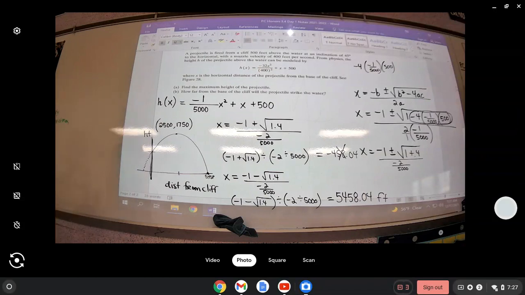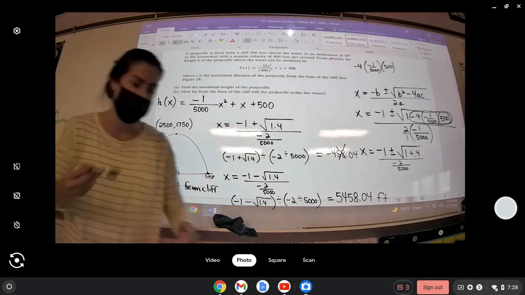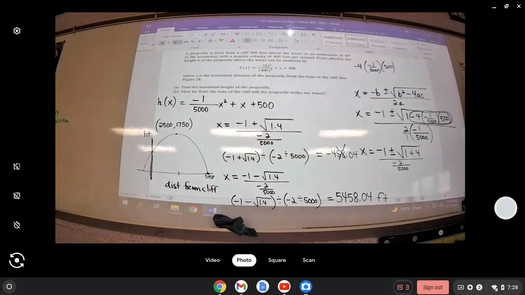Now, I want everybody to practice on the graphing calculator. I want you to type this function in, and I want you to ask your calculator to calculate the 0. Have your calculator calculate that x-intercept, and make sure you can use the graphing calculator. So I'm going to do it up here. First, you got to go plug your function in.